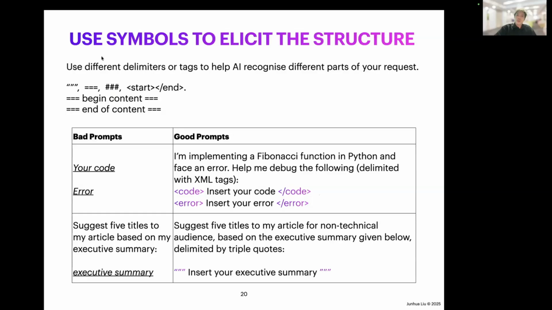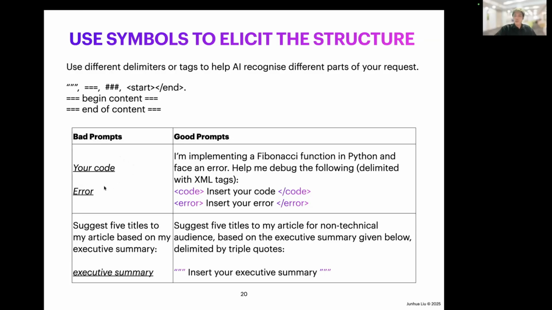The next principle will be using symbols. There are some symbols that LLMs have seen many times when they were trained, like triple double quotes, triple equal signs, or triple hashtags. These are symbols that appear in code or in markdown format repeatedly.